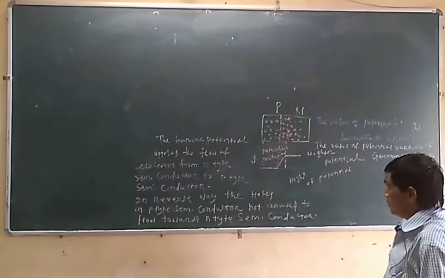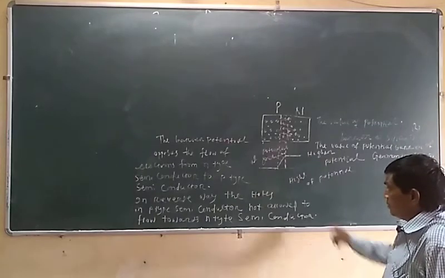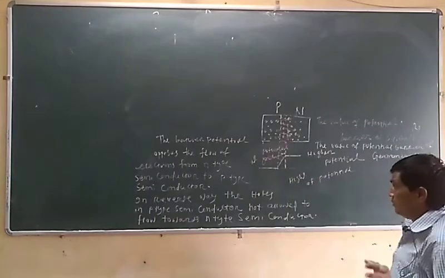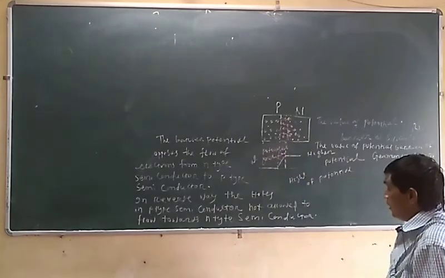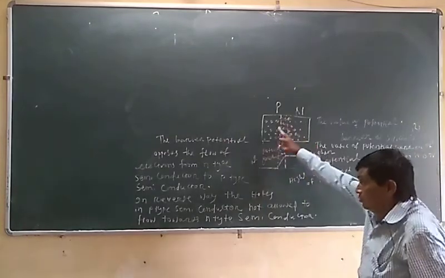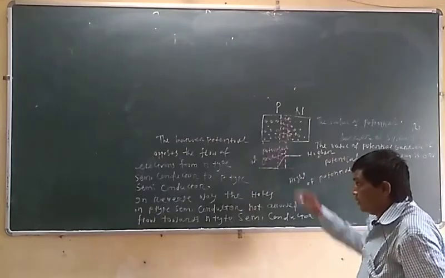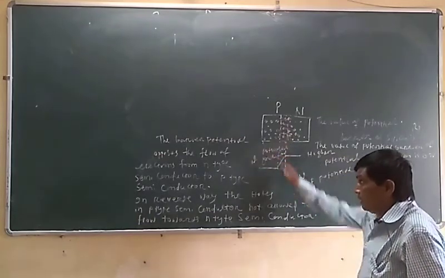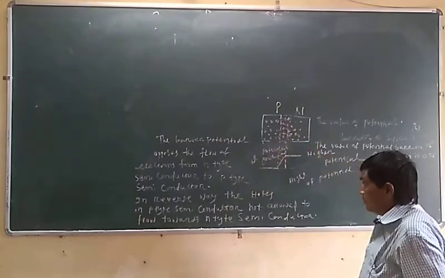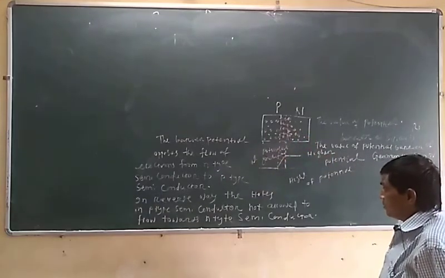Due to the creation of this potential barrier, the majority charge carriers of the n side are not allowed to move to the p side, and the majority charge carriers of the p side are not allowed to move to the n side.